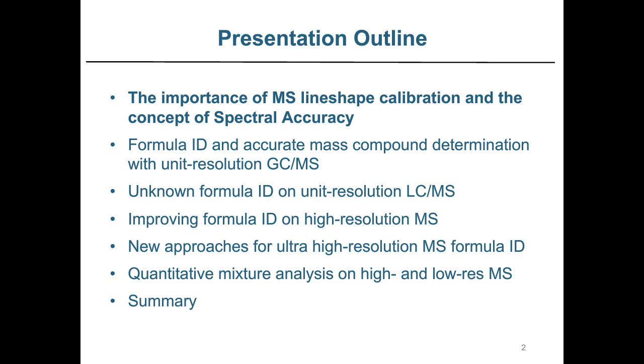And then finally, we're going to look at an example application of quantitative mixture analysis, which can be performed on both high resolution and low resolution mass spectrometry. And then we'll do a wrap up.